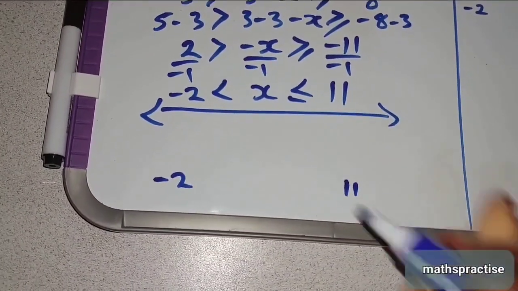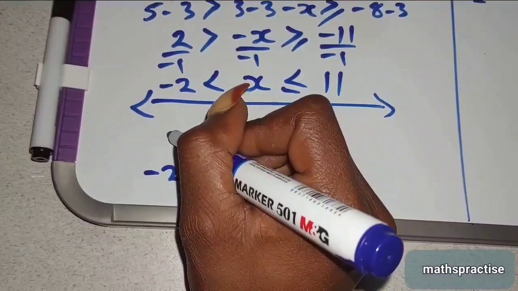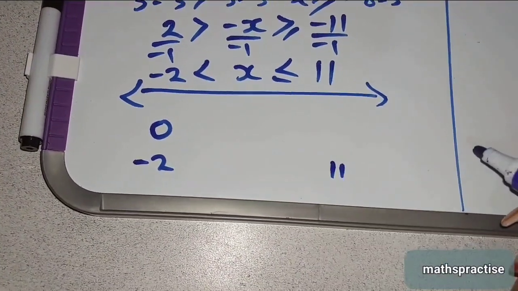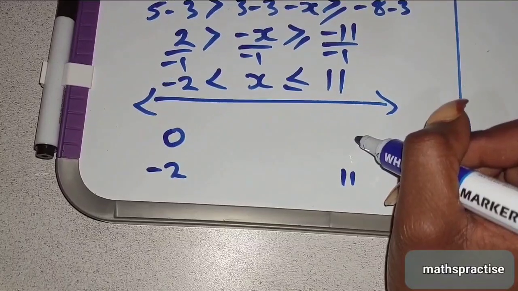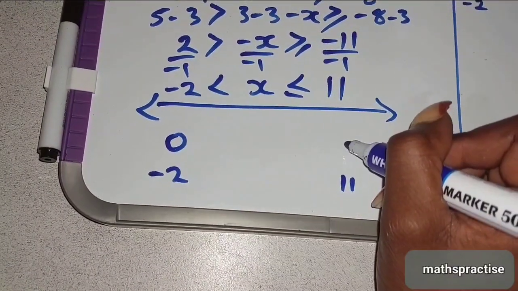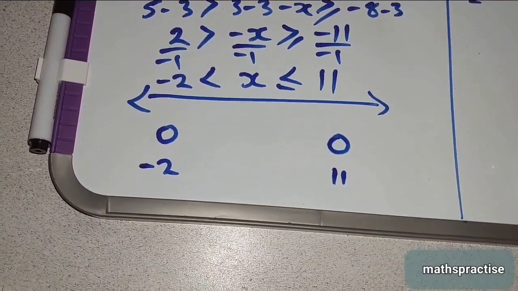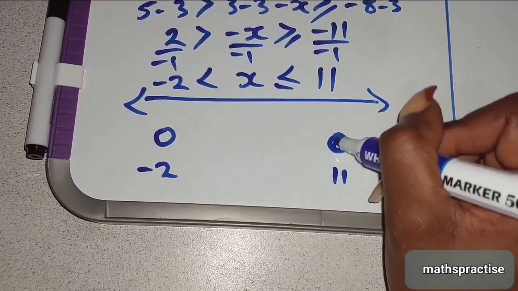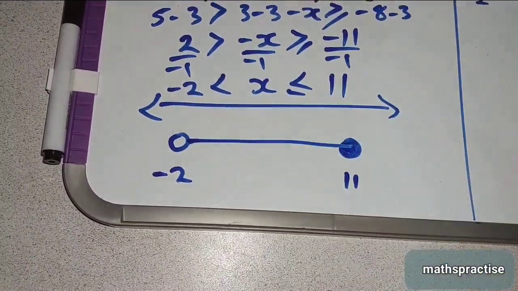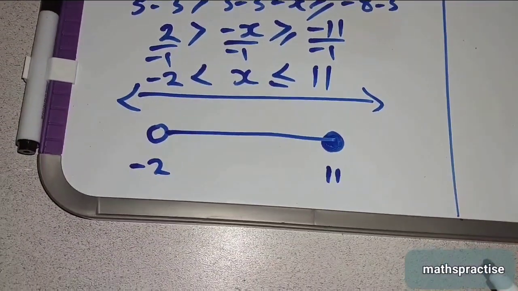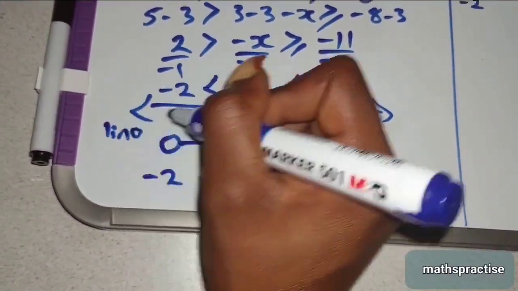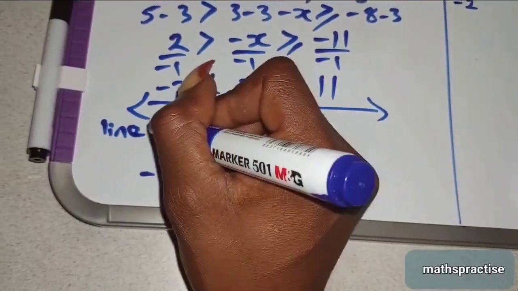The sign on this one is less than, so it's just a circle that has nothing inside. Then this one is less than or equal to, so this sign is shaded. And that's the line graph.